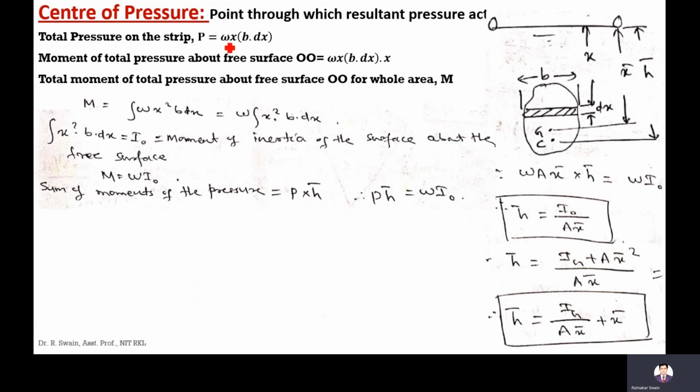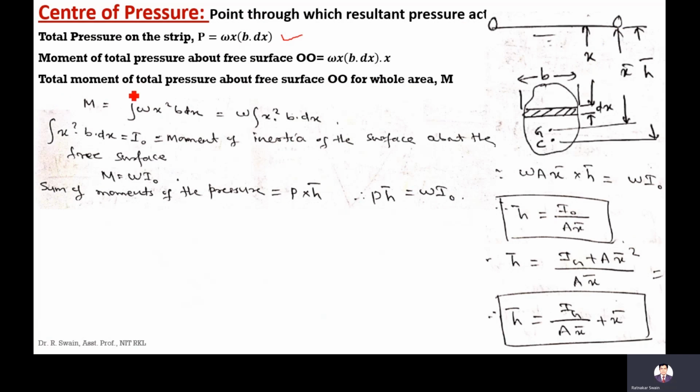The total pressure on the strip we calculate as W x B dx. The moment of the total pressure about the free surface O will be W x B dx into x, where x is the depth from the liquid surface.